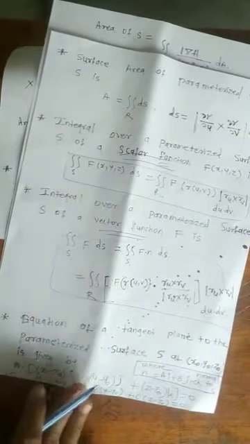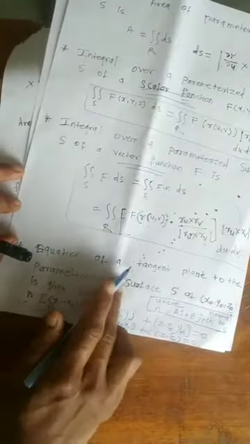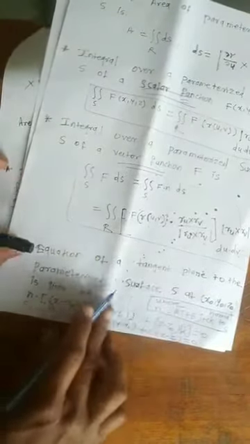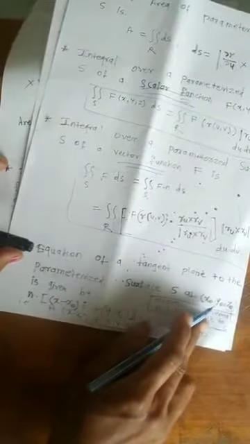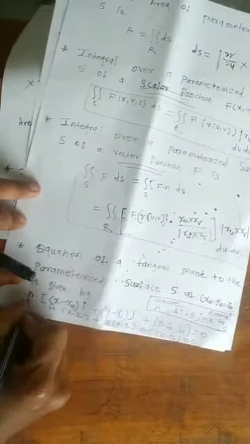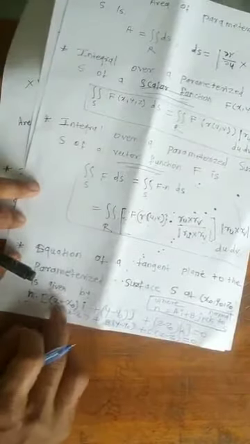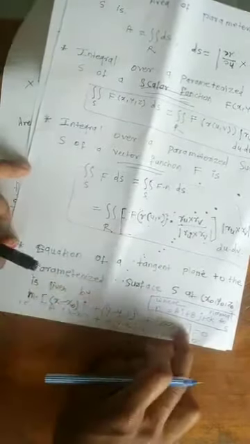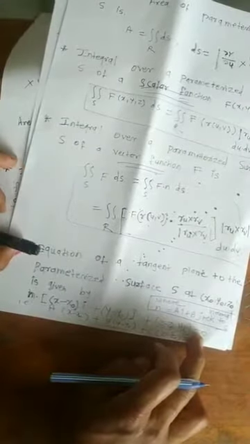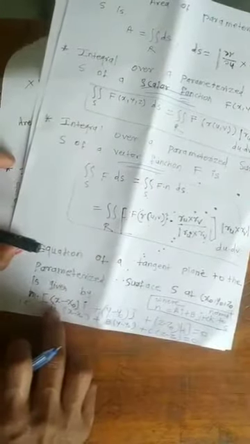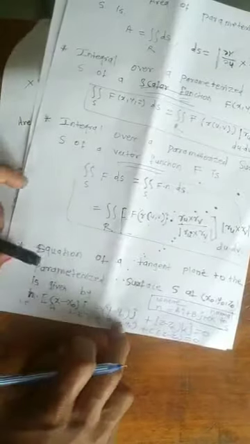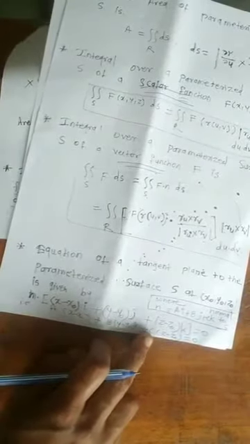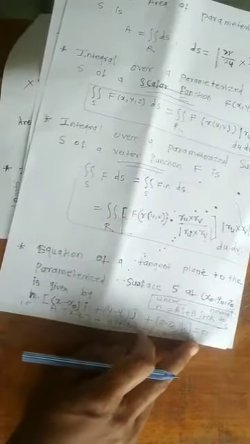Last, the equation of the tangent plane to the parameterized surface S at x naught, y naught, z naught is given by n dot ((x minus x naught) i plus (y minus y naught) j plus (z minus z naught) k) equal to 0. That is, a times (x minus x naught) plus b times (y minus y naught) plus c times (z minus z naught) is equal to 0.